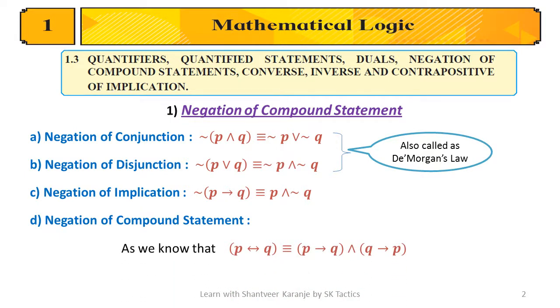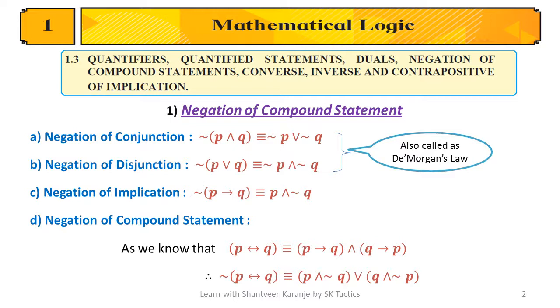As we all know, P biimplies Q, with the two-headed arrow, means P implies Q and Q implies P. So it is a combination of P implies Q and Q implies P. To find the negation of this biimplication, we consider the P implies Q and Q implies P format.